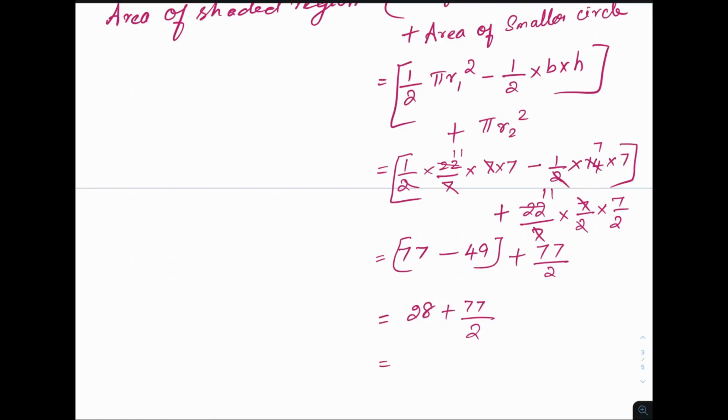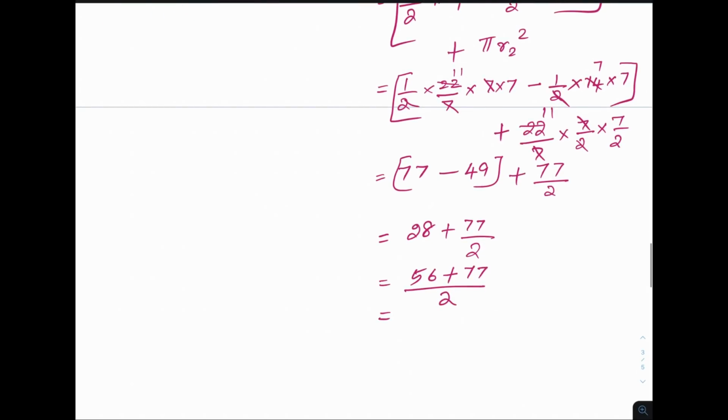When we take the LCM, we get 28 into 2 gives 56, plus 77 by 2, that is 133 by 2, that is 66.5 centimeter square.